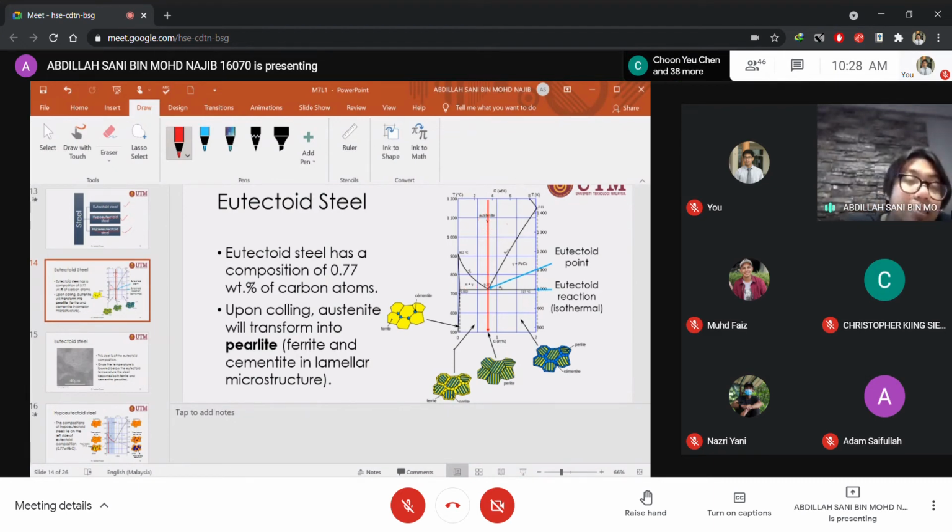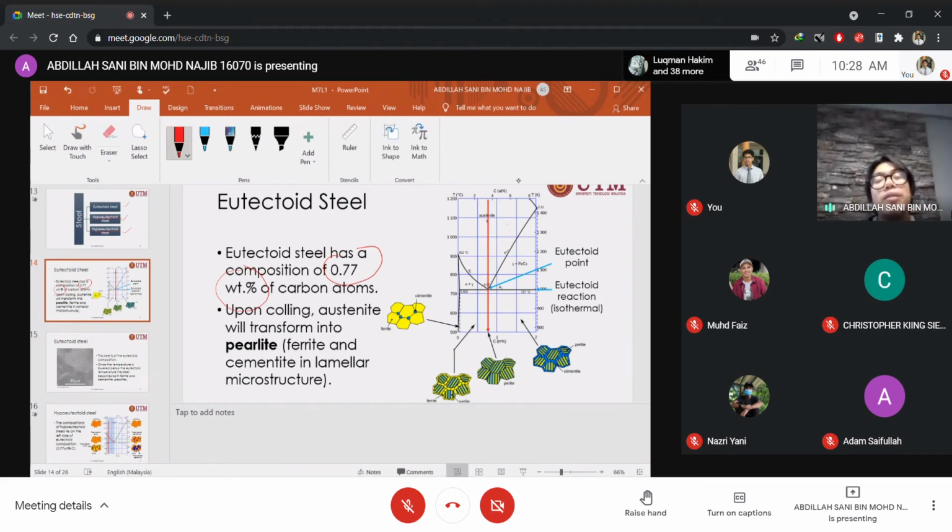First, let's take a look at the eutectoid. This is weight percent. You have pure iron, and then you bring in 0.77 weight percent of carbon. You mix them and heat up, and at first of course you have the liquid, and then it solidifies into austenite.